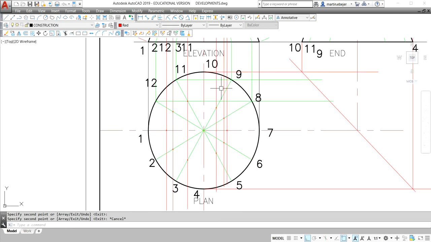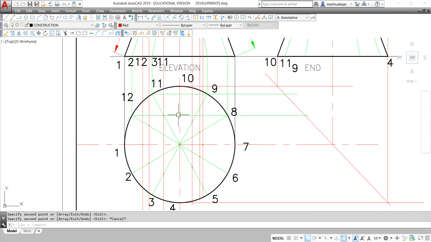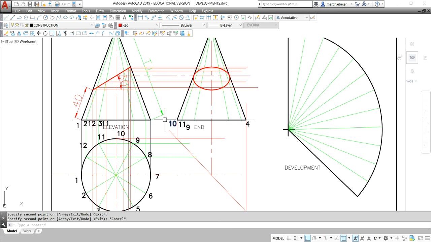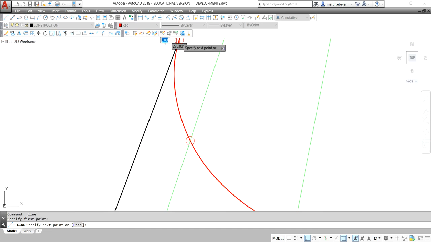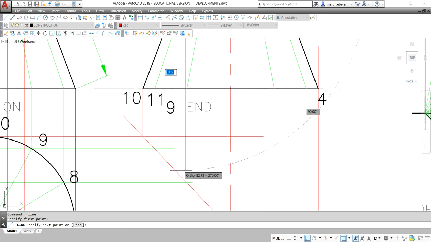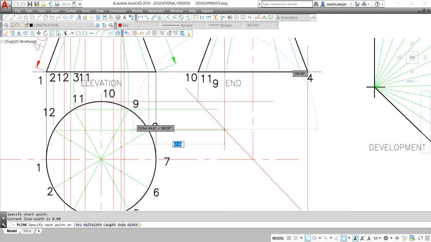In the middle, the 4 and 10, you're gonna notice that when you go down, you're not gonna have an intersection. So the best thing to obtain this intersection is you go on the end view over there, you go down, you intersect with the 45 degrees line, and you transfer.